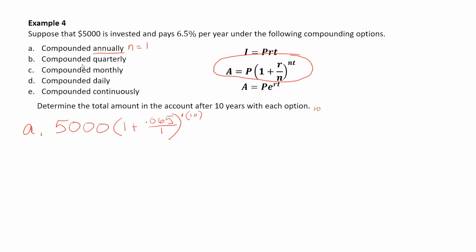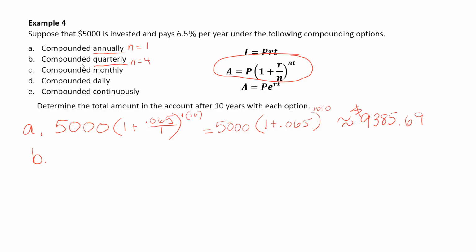So 1 is your number of times a year it gets compounded, and t is 10. It says how much would you have left after 10 years. So we're putting in 10, and if you multiply that out, you are going to get $9,385.69.